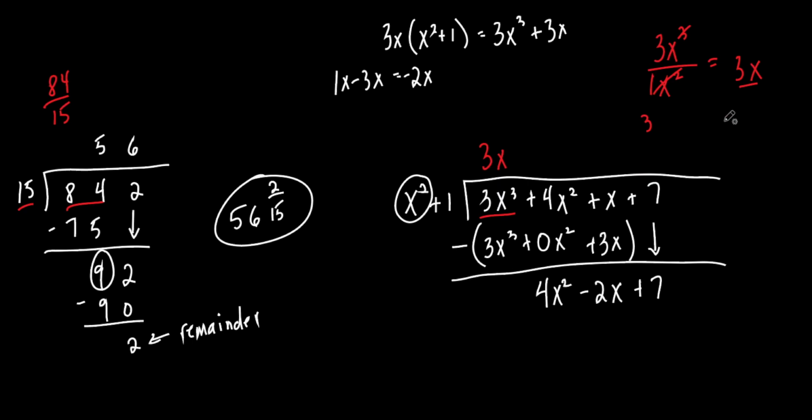So let's do it over here. How many times does x squared divide into 4x squared? Or it's 4x squared divided by x squared. What is that? What happens here? The x squared is canceled out. So how many times does x squared divide into 4x squared? 4 times.